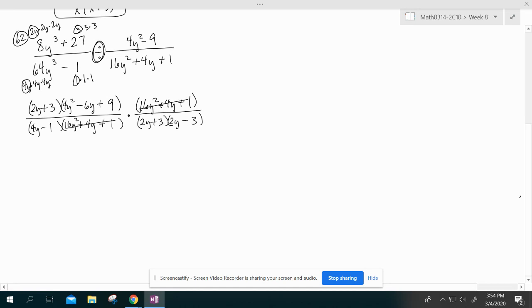So then there's the other 2y plus 3. The 2y plus 3 cancel. Is that everything that's going to cancel? So the answer is 4y squared minus 6y plus 9 times 4y minus 1.